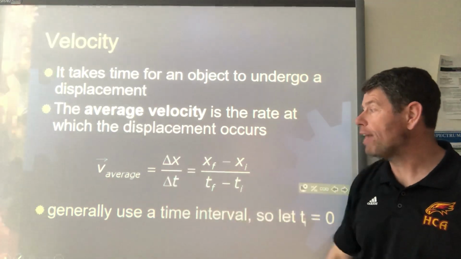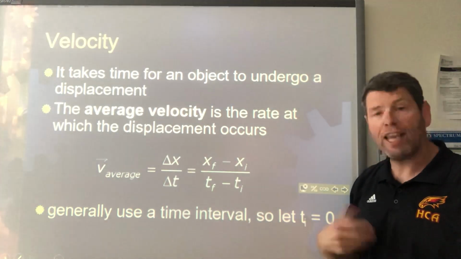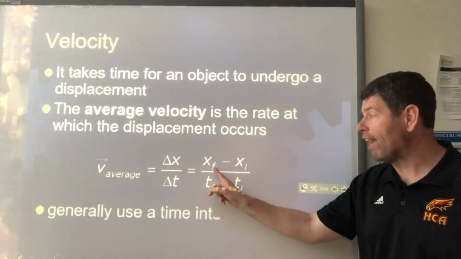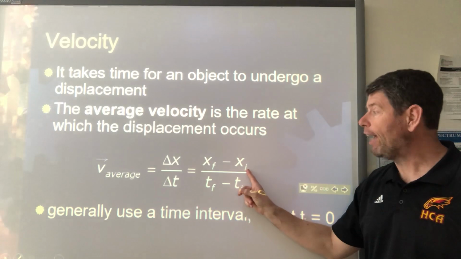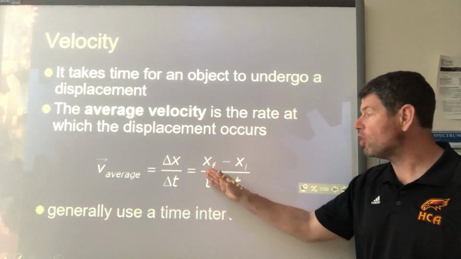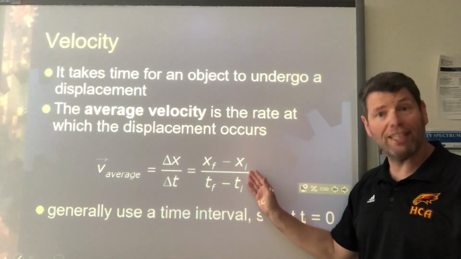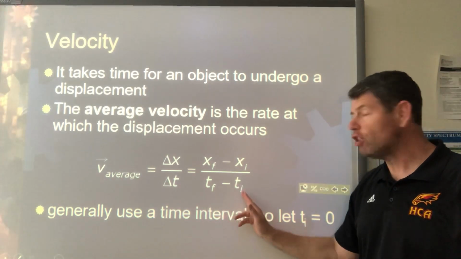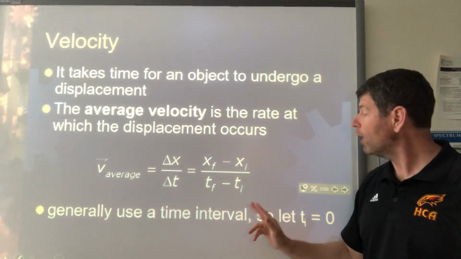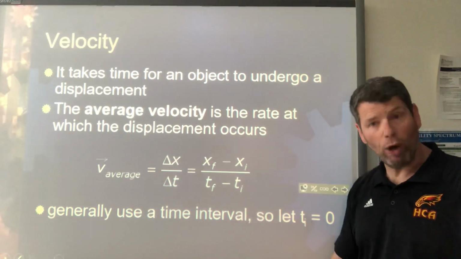Now remember, whenever we have change in, the change implies that there is a final position and an initial position. And remember, we're going to take the final position minus the initial position, which is displacement, and we'll take our final time minus the initial time of the motion. Quite often the initial time will be 0.